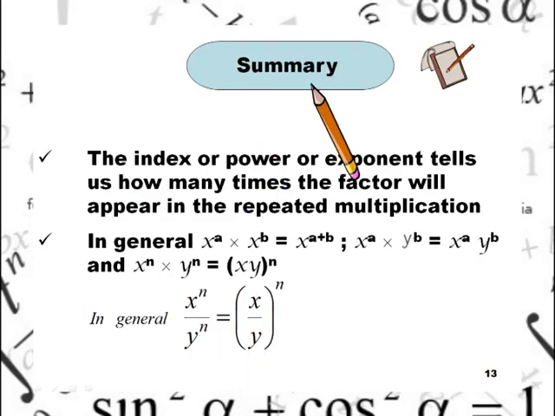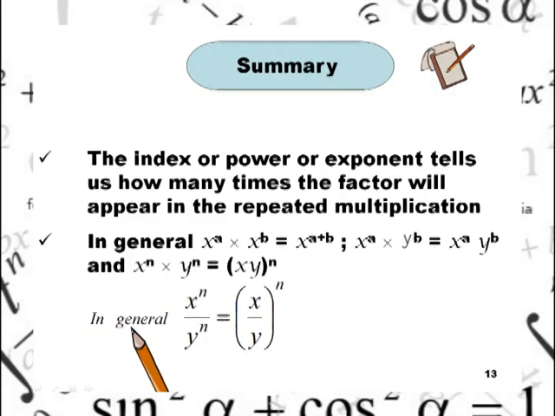Summary. The index or power or exponent tells us how many times the factor will appear in the repeated multiplication. In general, x to the a by x to the b equals x to the a plus b, and x to the a by y to the b equals x to the a y to the b, and x to the n by y to the n equals xy all raised to the n.